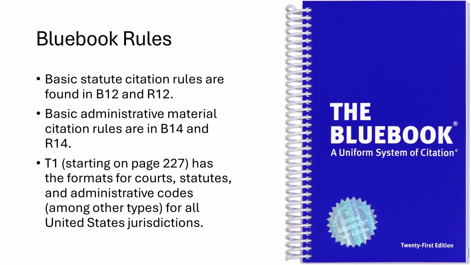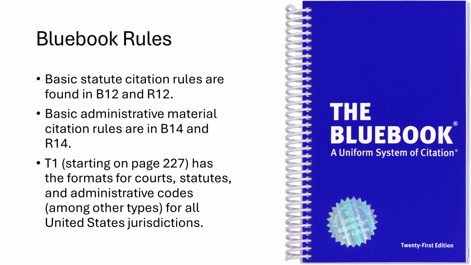If we don't quite know the format of a state code citation, we look it up in Table 1, T1, which starts on page 227. This lists all of the federal citations and the state citation formats too. And each one of these, if you're ever wondering what the citation is that you see, have a look in Table 1, and it can help you unravel the citations.